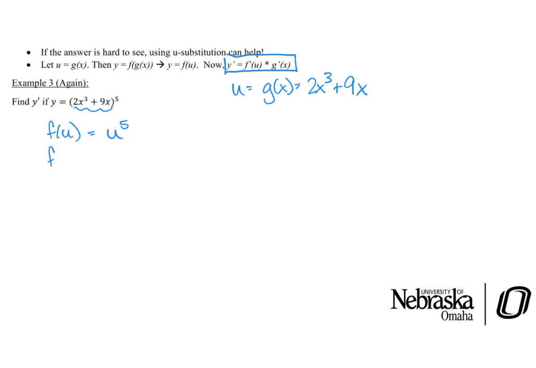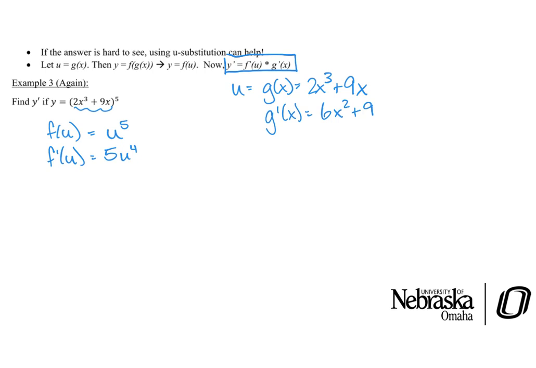So if we find the derivative of f of u, we just multiply our exponent in front, and reduce the degree of our exponent by 1. So 5 minus 1 is equal to 4. Now the derivative of g of x would be equal to 6x squared plus 9.